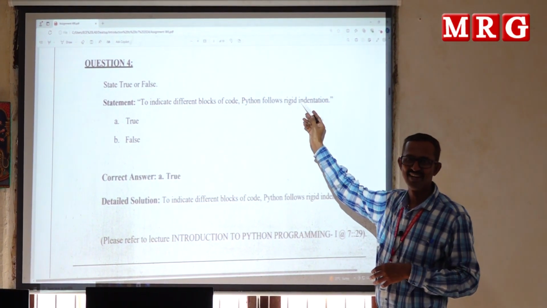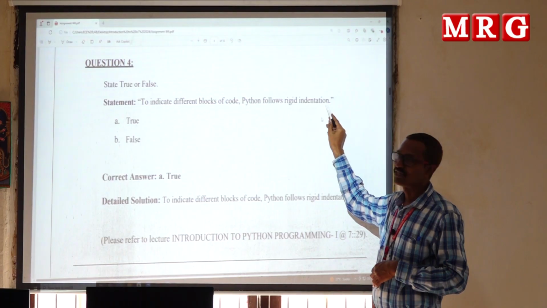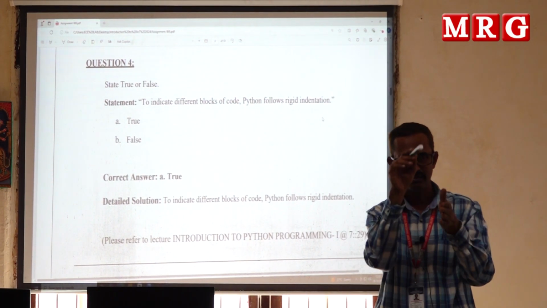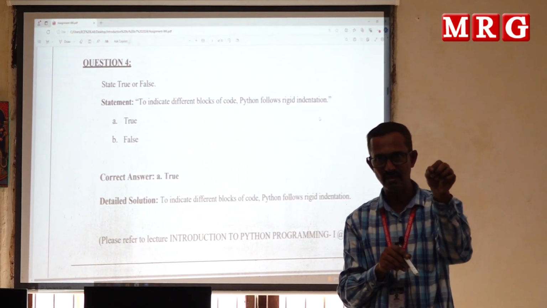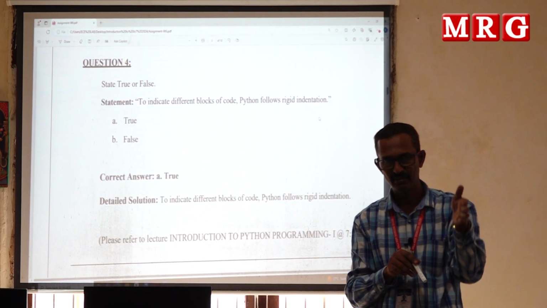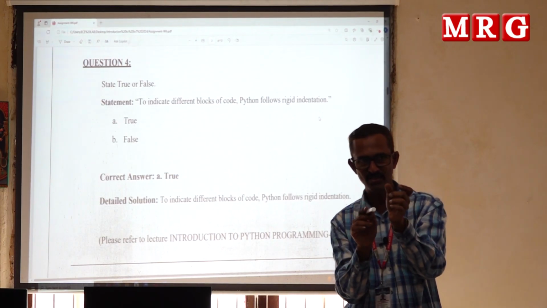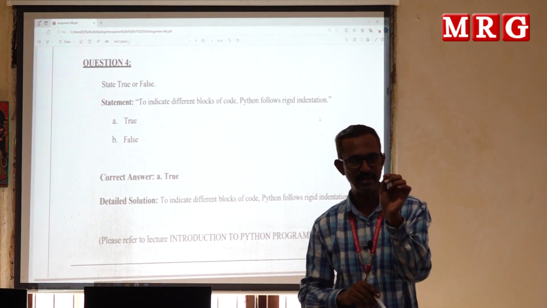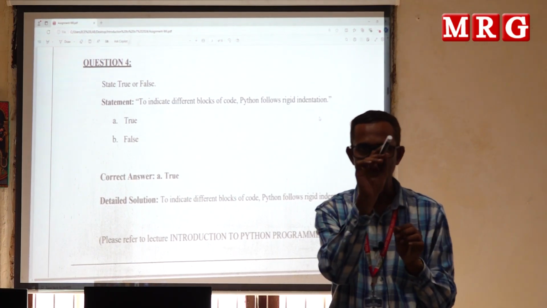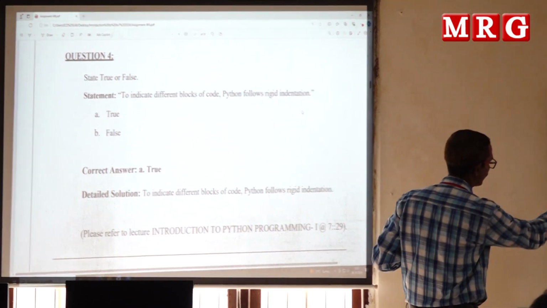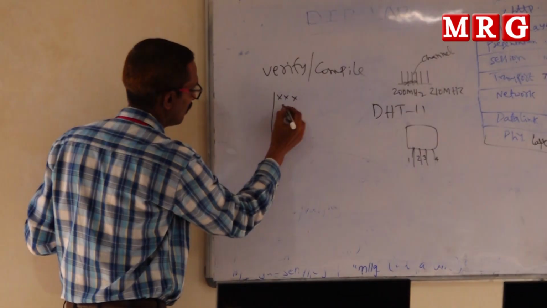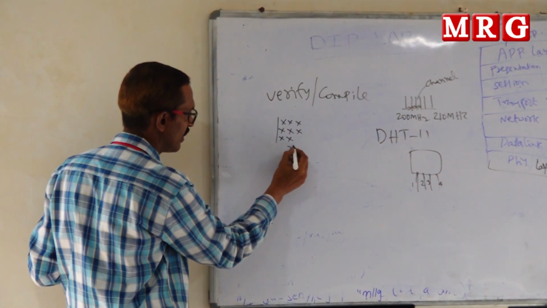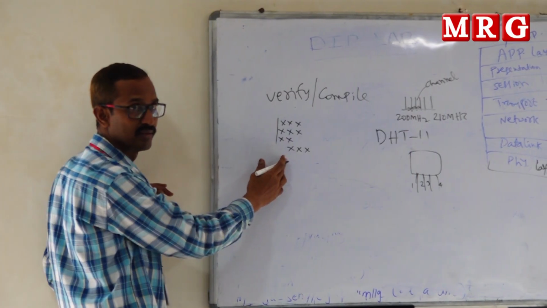This same point I was telling, rigid indentation. It is a problem in Python. Strictly, when you are writing some method, all the lines of that method should be in line. If there is a space or gap, you get an error. Suppose you have given a gap and started from here, then you get an error.